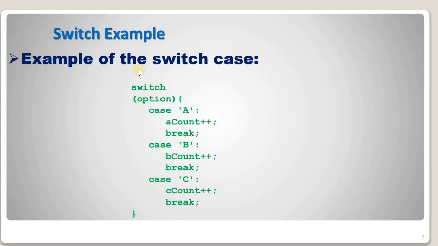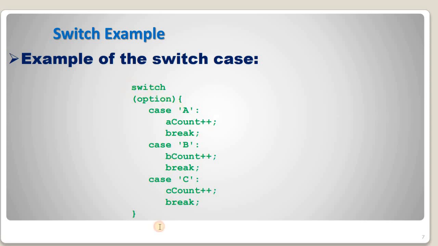So my program knows that option is an identifier which is of the data type character. After that I initialize some value to it, any value, A, B, C, D, whatever. Now I want to check what the value is, and based on that value I'm going to perform an operation.